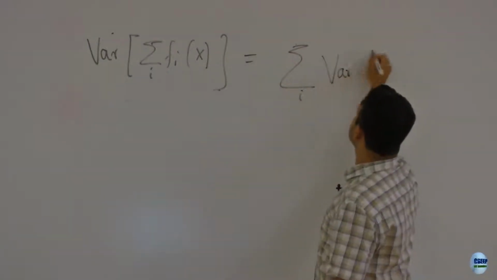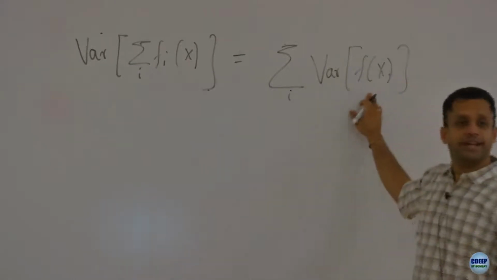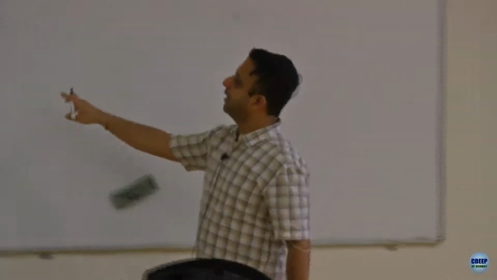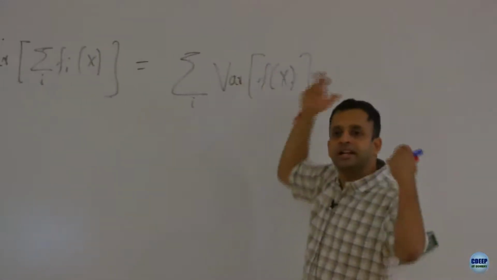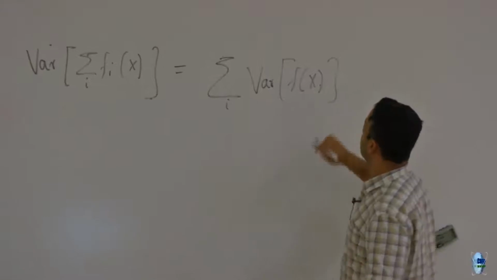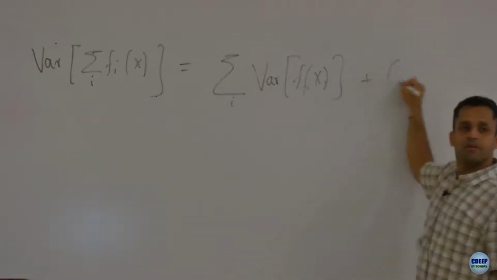Sum of variances. So this is for a fixed point x, right? An entire bias variance discussion has been given a test query x, the behavior of a random function. So f_i(x) is like the random variable. So the summation over all i's of variance of f_i(x) plus covariances.